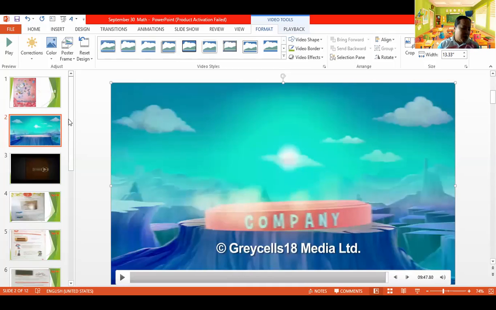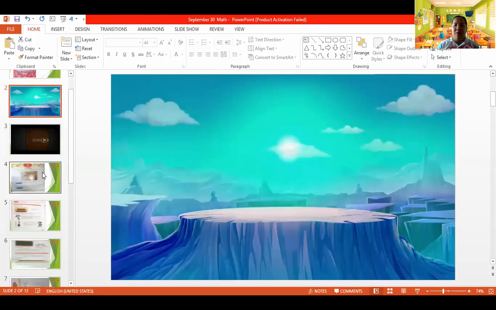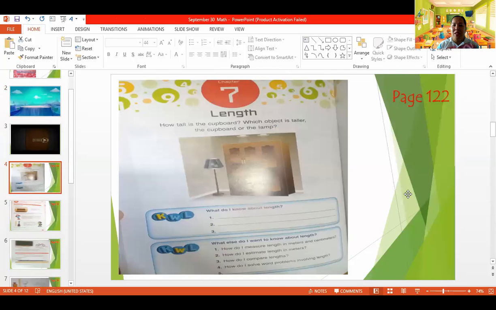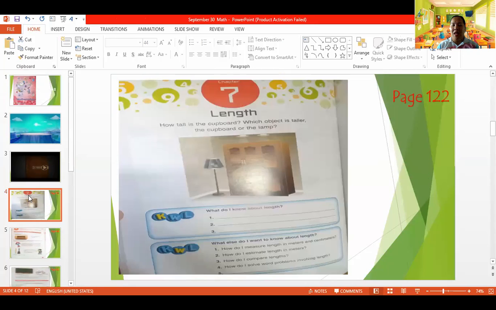So let's go to page 122 so that we can start now. Get your mathematics book and open it on page 122 so that I can explain how to compute the length of an object and know what is length.